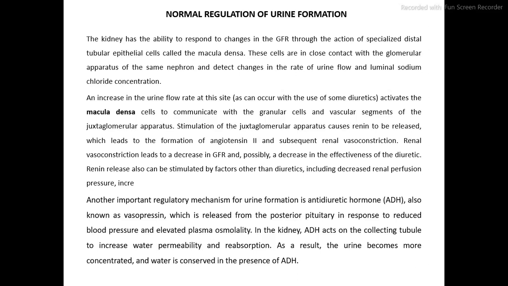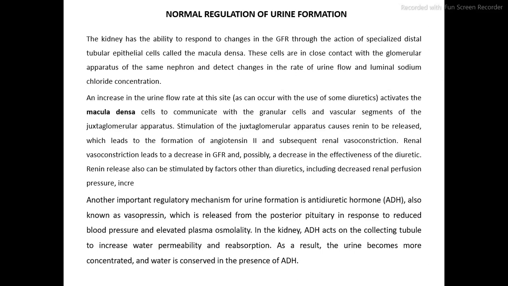Then another important regulatory mechanism for urine formation is the ADH, that is the antidiuretic hormone. It is also known as vasopressin. This antidiuretic hormone is released from the posterior pituitary in response to a decrease in blood pressure.